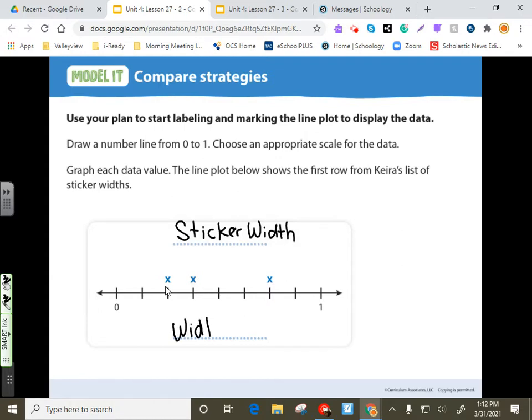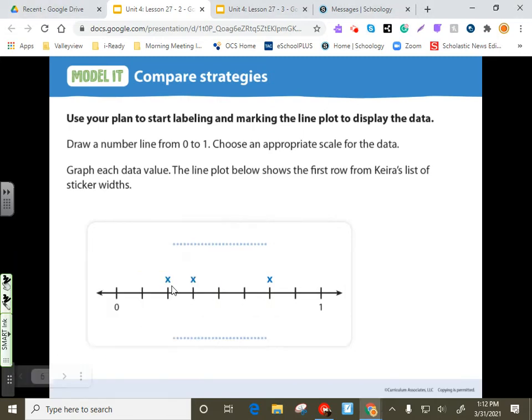So what I'm saying is you can create a line plot and put your X's and do all that, but it's not going to help anyone if they don't know what it's representing. So make a title like this that is pretty obvious what it's about. And then below the line, you say what you're measuring in. So if it's weight, it's like kilograms or pounds or ounces. Or in as far as measurement for length, we've got inches. It could have been feet, it could have been miles, whichever.